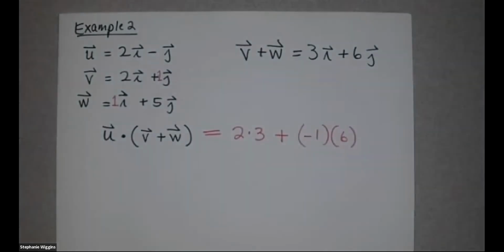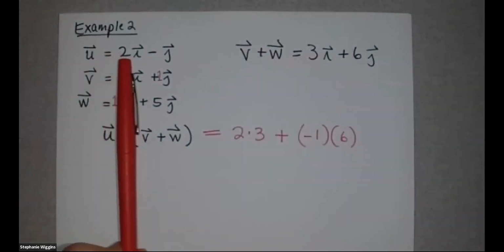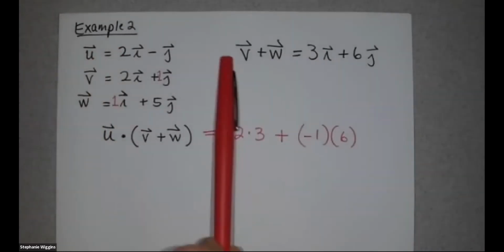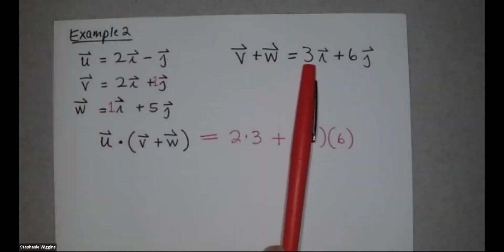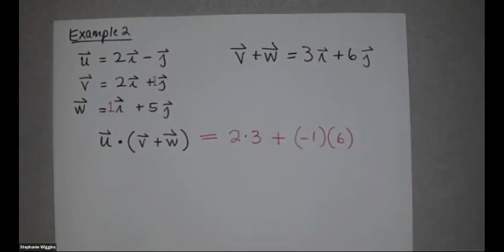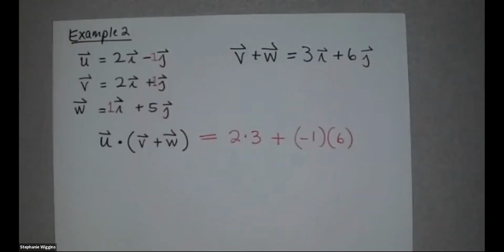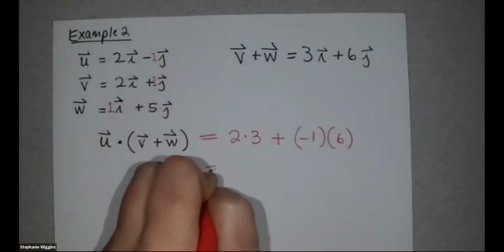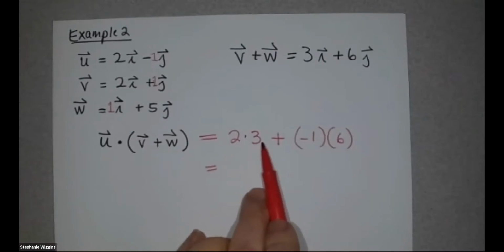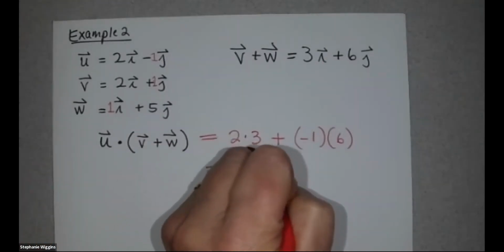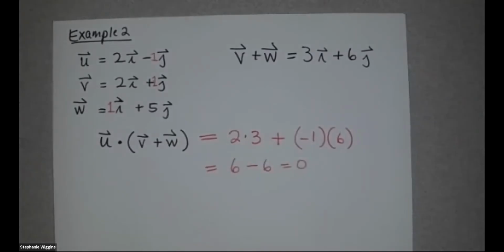We're just taking the scalars and multiplying. So the U dot V plus W. So the 2 times the 3, -1, I'm going to write a little 1 in here, -1 times the 6. So we have 2 times 3 is 6, minus 6 equals 0.